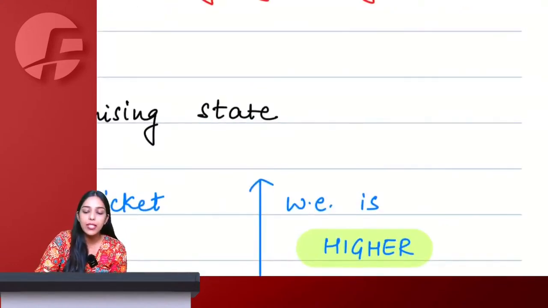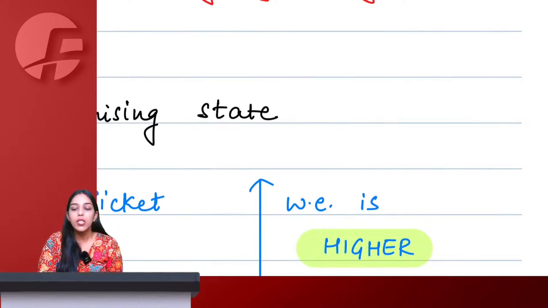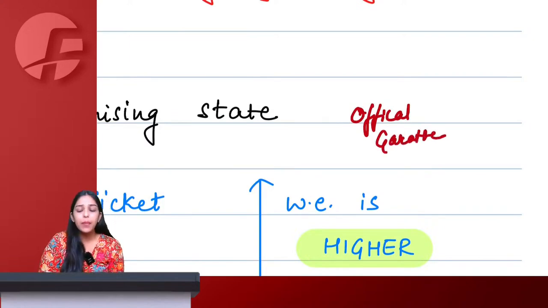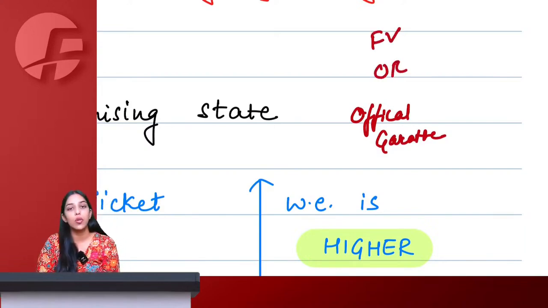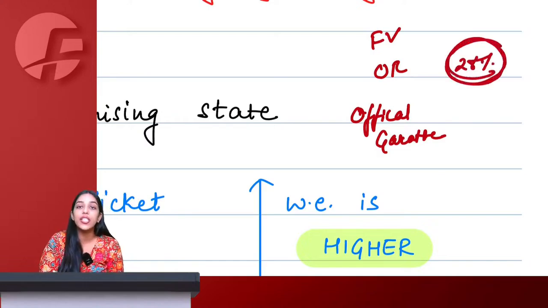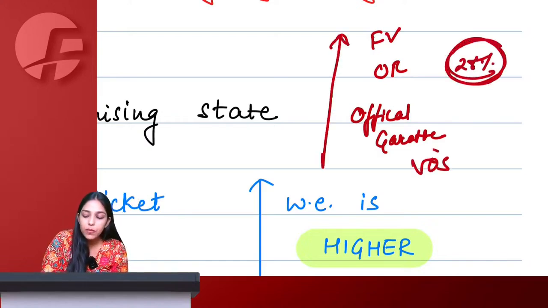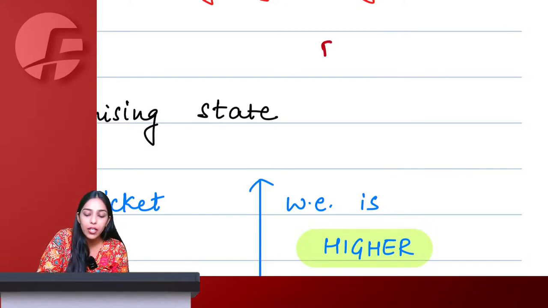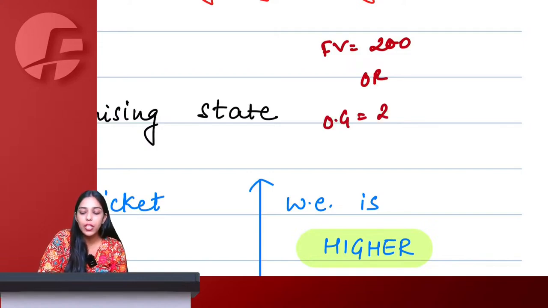Now, if lottery is being supplied, then lotteries are organized by state governments. So whatever price of the lottery ticket is notified in the official gazette by the state government, or the actual price for which the lottery is sold, you consider them to be inclusive of 28% GST, and whichever is higher becomes your value of supply. So let us say the normal face value of the ticket is 200, but the price notified in the official gazette is 250.